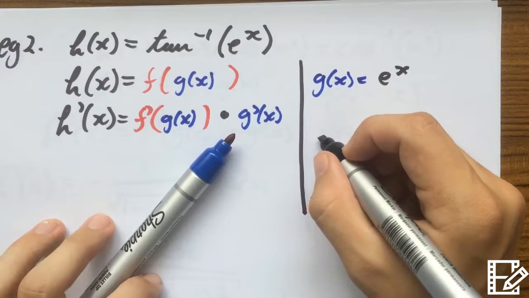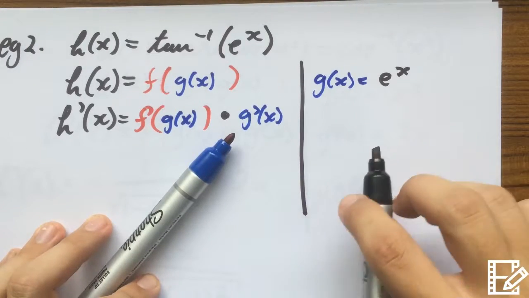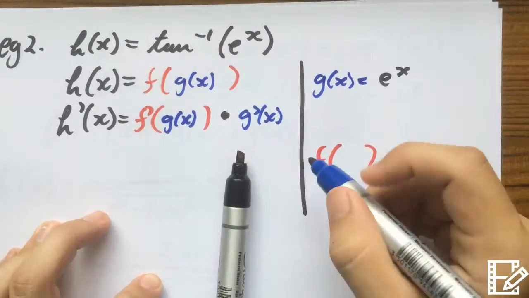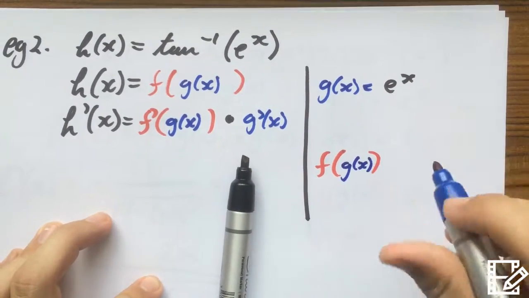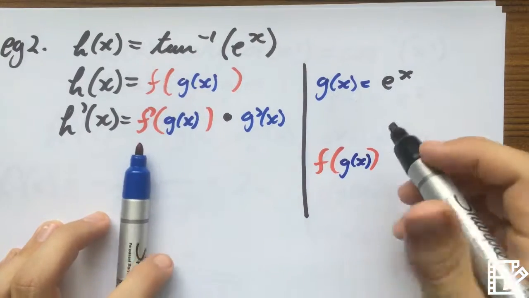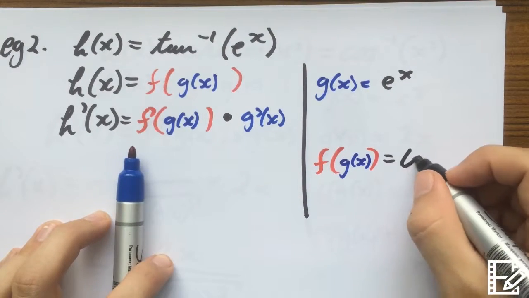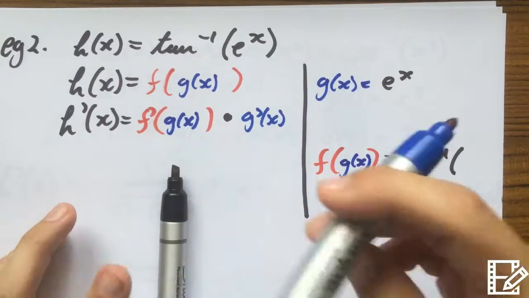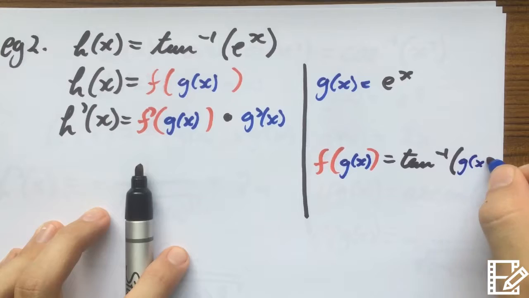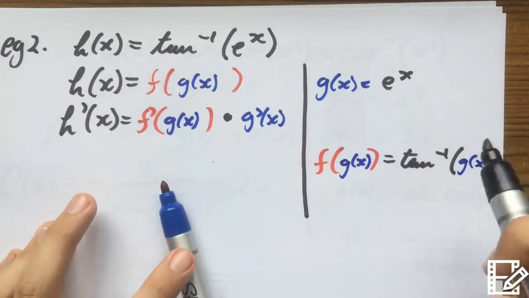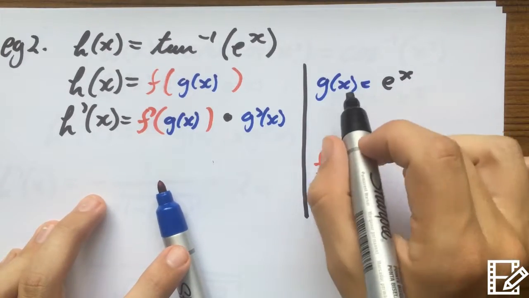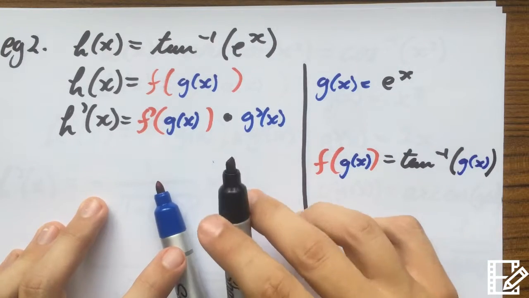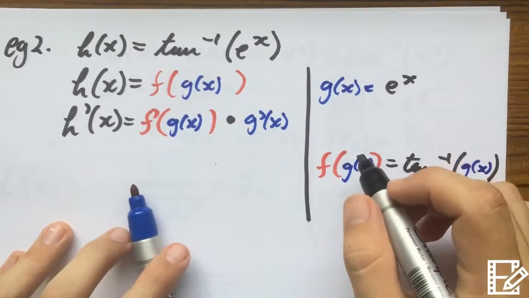Therefore, f of g(x) will equal tan to the power of -1 of g(x), because we've subbed in g(x) for e to the power of x.